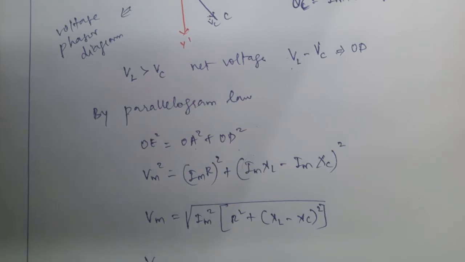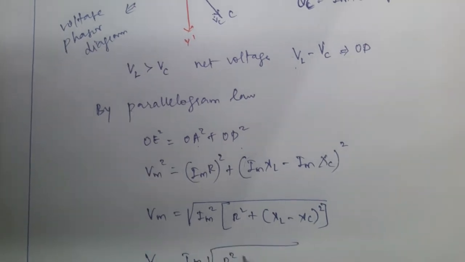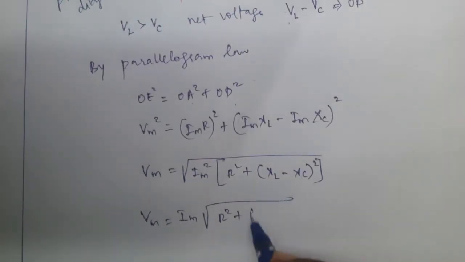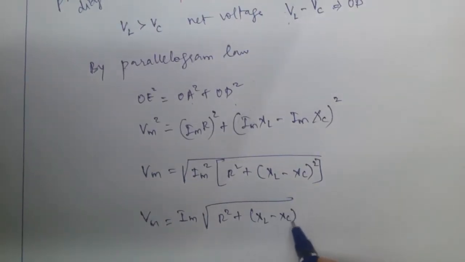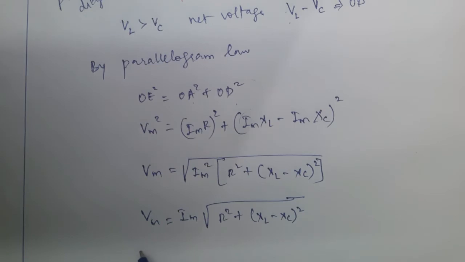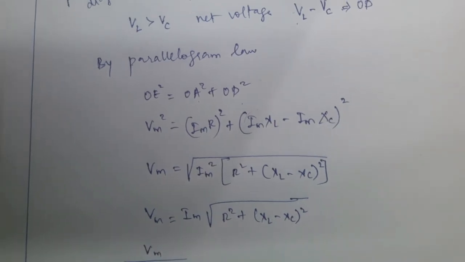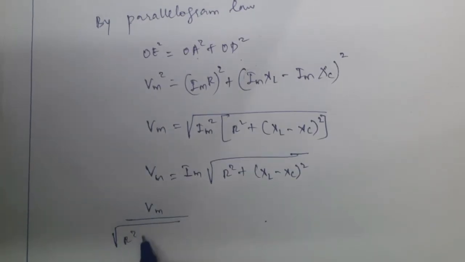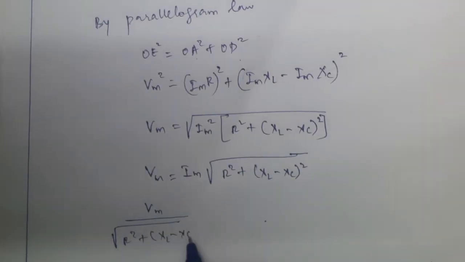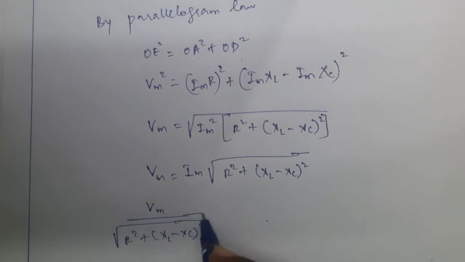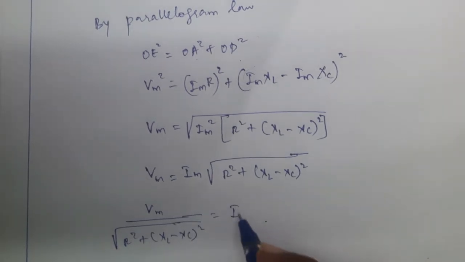Then VM is equal to, if we take out this Im square from the root, we'll get Im times root of R square plus XL minus XC whole square. Now Vm divided by root of R square plus XL minus XC whole square represents the maximum current in the circuit.